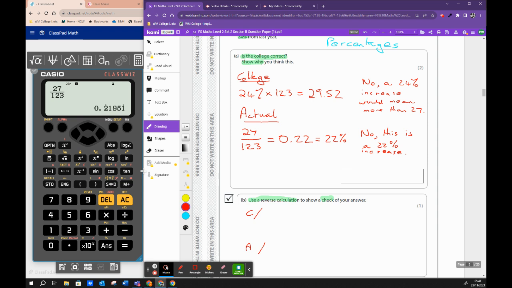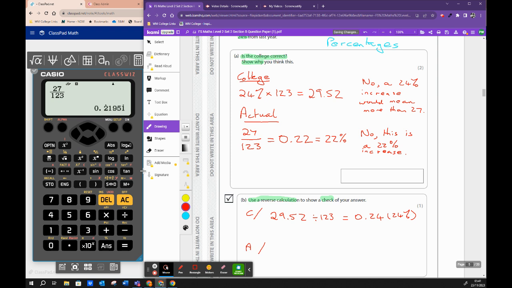In this instance, in the college method, I did a multiplication, so my reverse calculation is going to have to be a division. So I'm going to do 29.52 divided by 123 equals, and that's going to come out as 0.24, which is 24%.